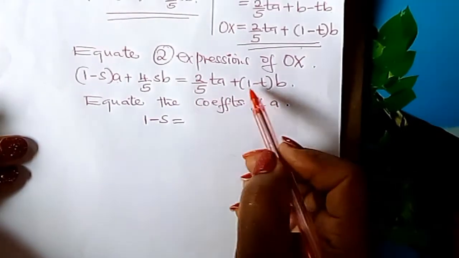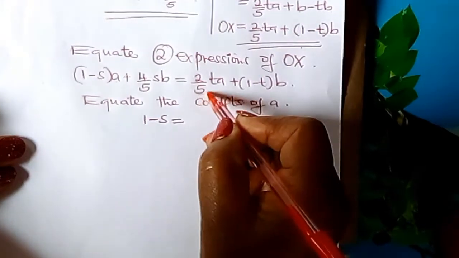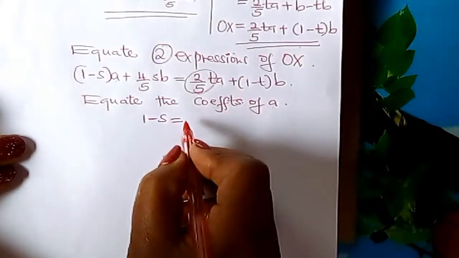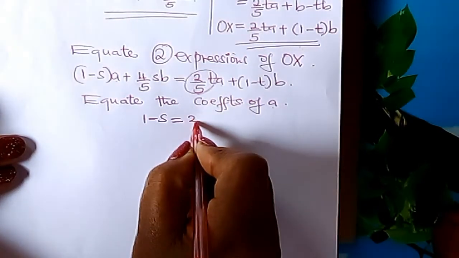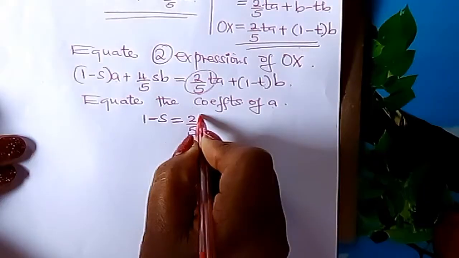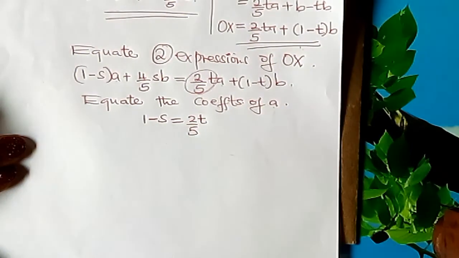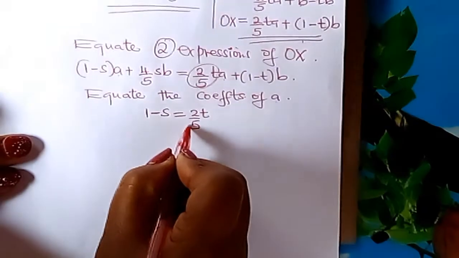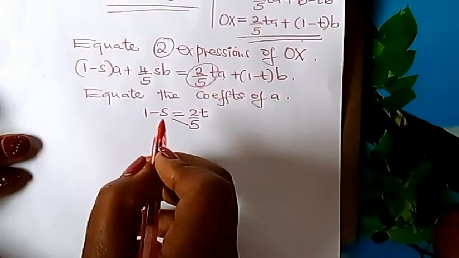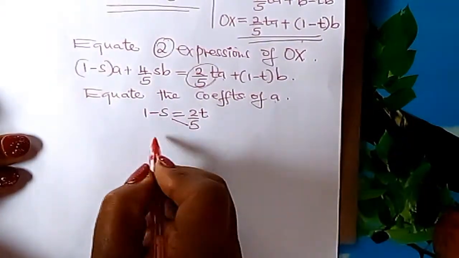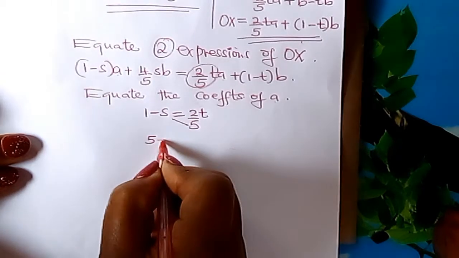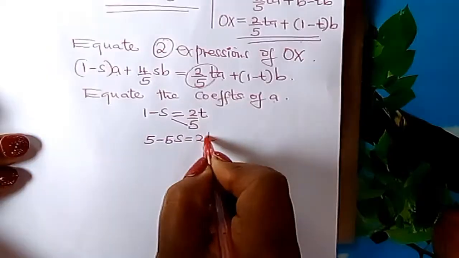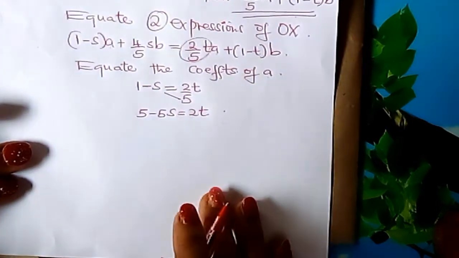You go to the other side and check for the coefficient of a. It is this one here. It is multiplying a. Those are the ones that we call coefficients. You have equated the coefficients of a. So cross multiply, Lana. Cross multiplying, this gives you 5 minus 5s is equal to 2t. You can write this equation nicely.